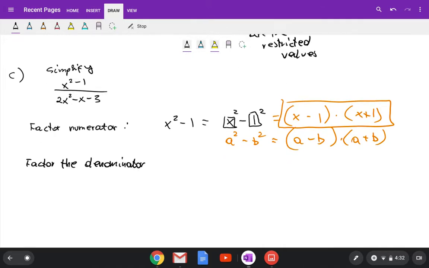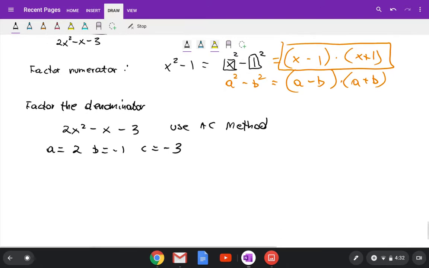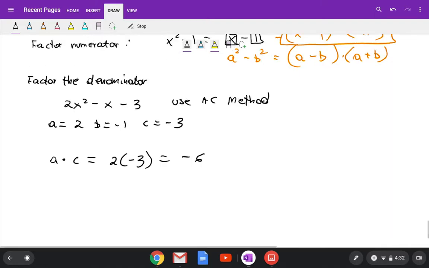So the denominator is a quadratic expression, 2x squared minus x minus 3. You have to use the AC method. A is equal 2, B is equal negative 1, C is equal negative 3. So step number 1, multiply A times C. We're getting 2 times negative 3, which is negative 6.